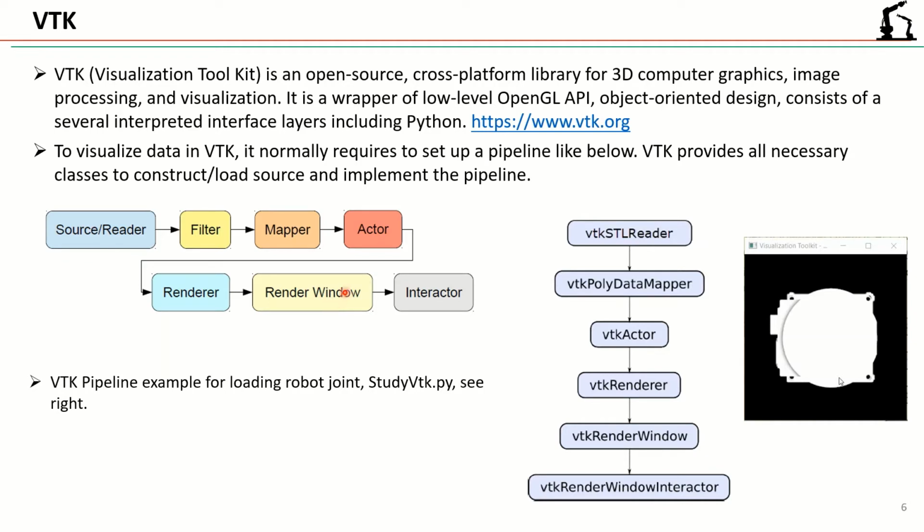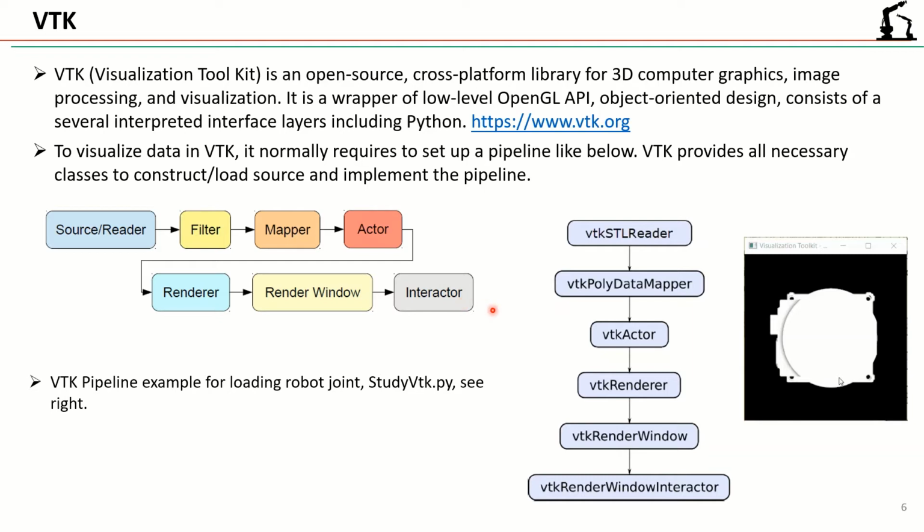So the renderer is going to render 3D geometry primitives like points, lines, triangles, with lighting conditions and camera, into a 2D image that can be displayed in the render window.